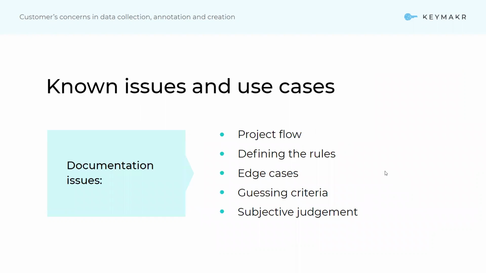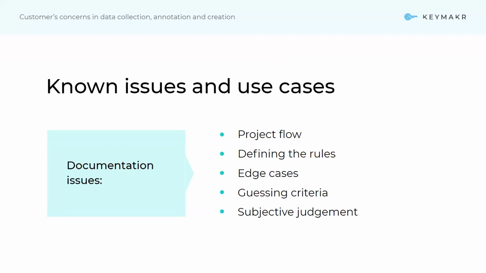Okay, now for the subjectivity that Maria mentioned, and for the rules and other types of documentation. Subjective judgment, and I'll start with it as this is a good example. We were talking about the annotation, right? But at the very beginning, we also mentioned there is data collection and data creation.